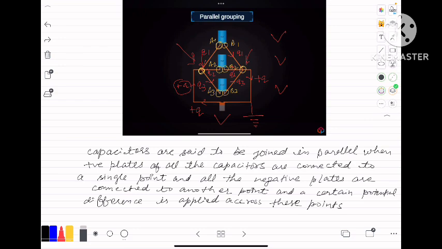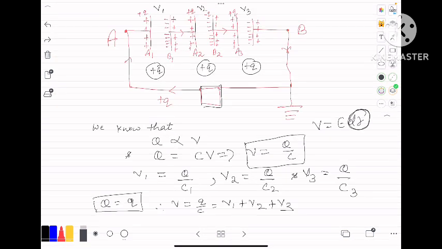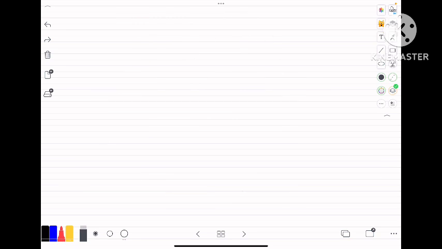Now let's calculate the effective capacitance of a parallel combination. We know that Q is directly proportional to V and Q is equal to CV.